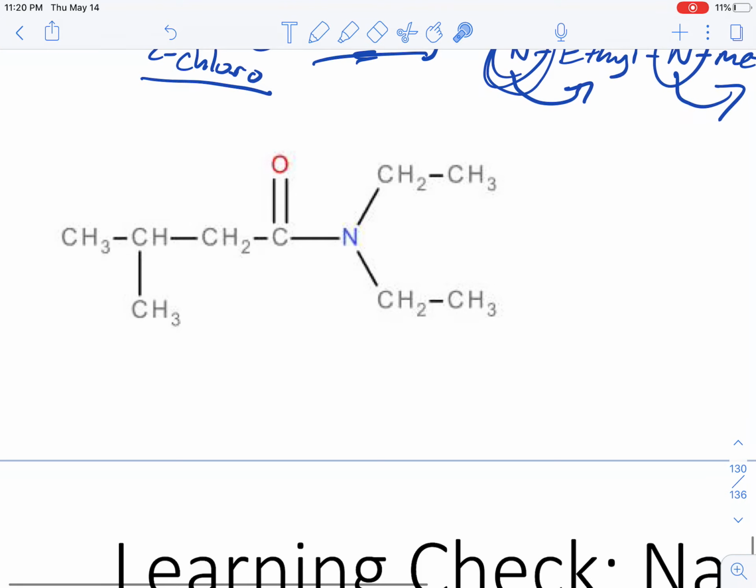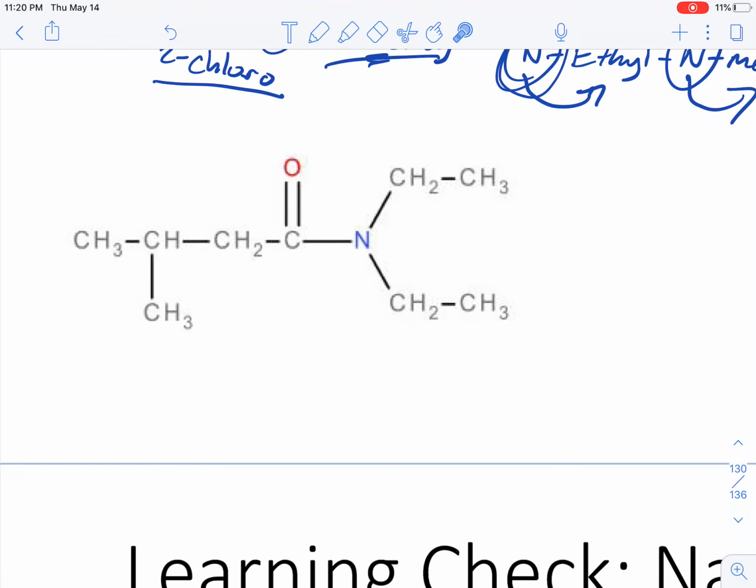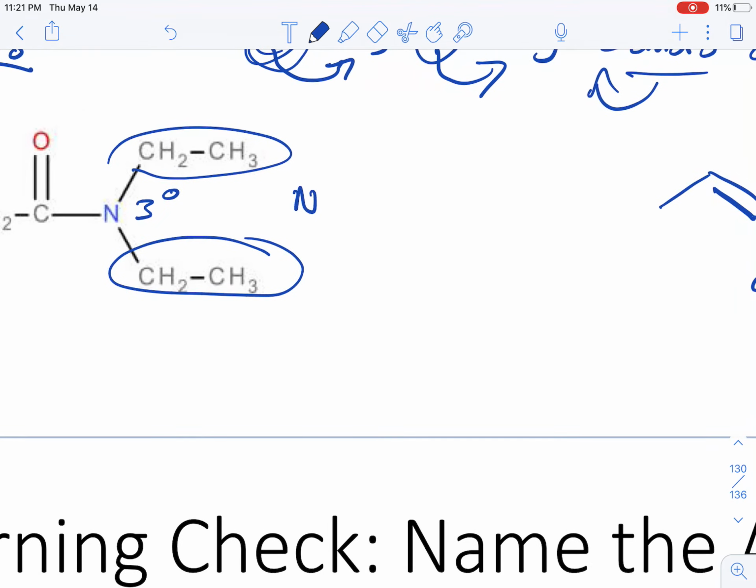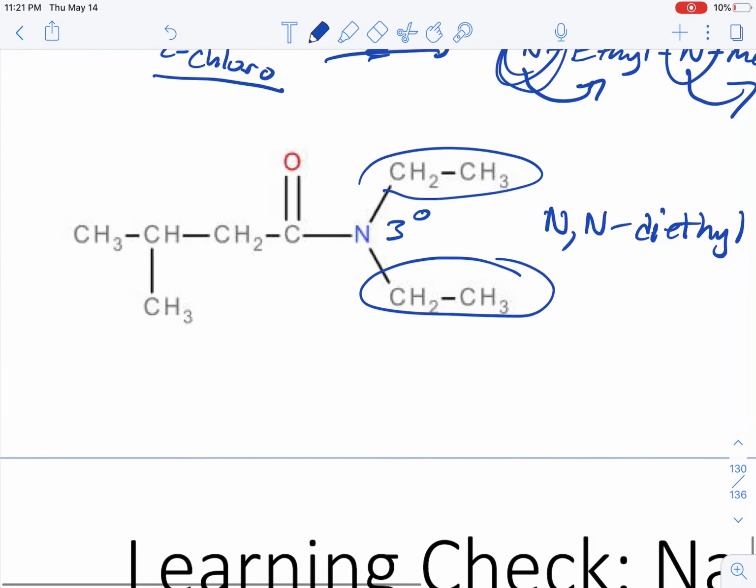Okay. All right, so let's look at our last example here. I have 1, 2, 3 carbons bonded to the nitrogen, so that is a tertiary amide. Since I have 2 ethyl groups, this is going to be N,N-diethyl. And so looking at the carbon parent chain, I have my carbonyl group.